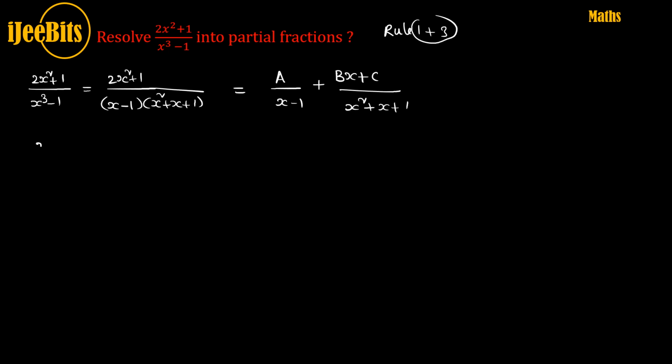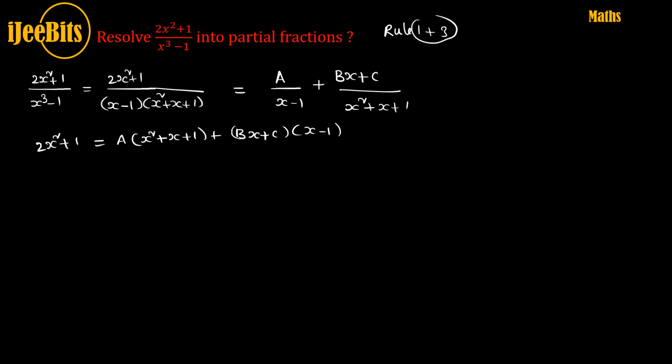So 2x² + 1 = A(x² + x + 1) + (Bx + C)(x − 1). This is a straightforward, simple method.